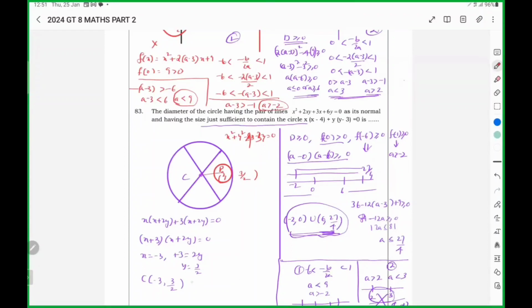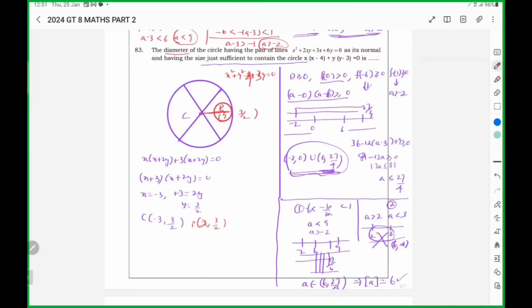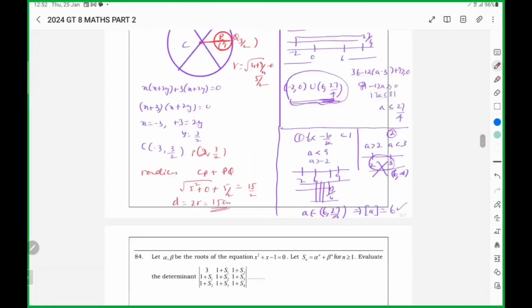So P coordinates 3 comma 3 by 2. We are asked the diameter. First, diameter means CP plus the radius of this. The radius is root of 4 plus 9 by 4 minus 0, 5 by 2. So the radius will be CP plus PQ. CP is the distance between the points. PQ radius is 5 by 2, so 15 by 2. Diameter is 2 times radius, 15 centimeters.